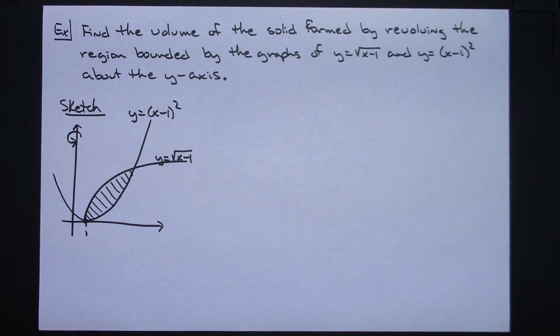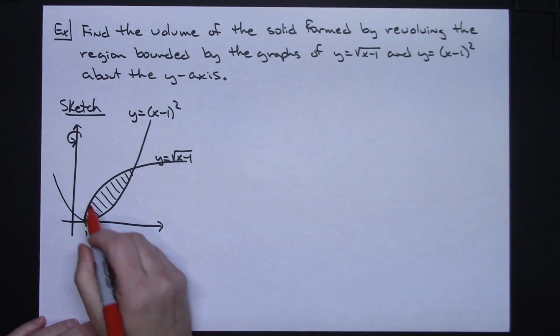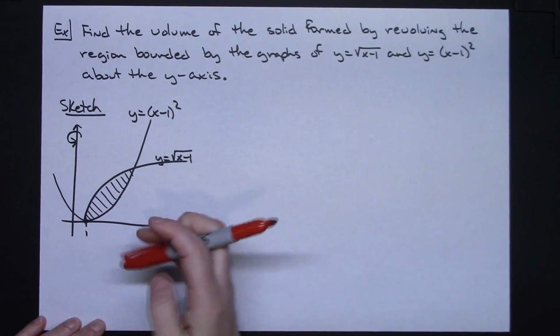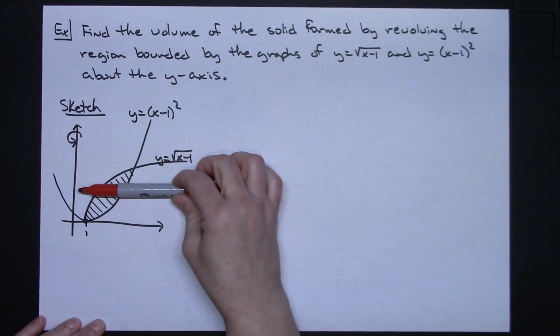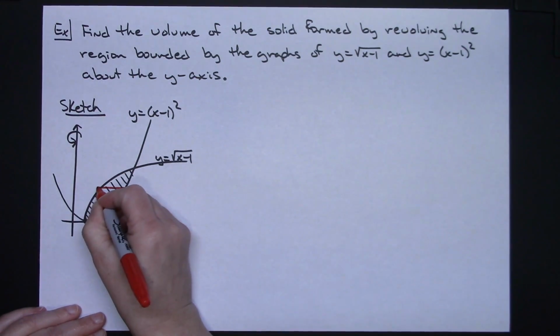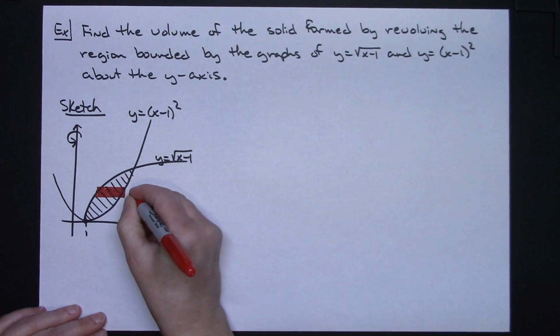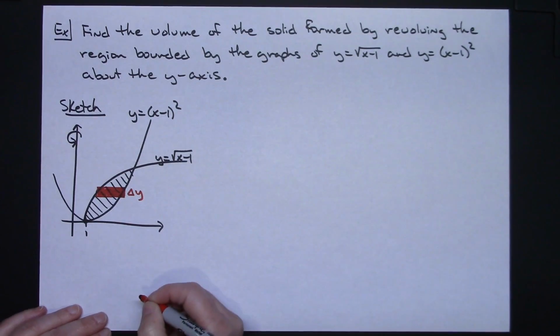y-axis. If I'm intending to use washer here, this is my axis of revolution. That means my representative rectangle would have to be perpendicular to that y-axis. So that representative rectangle would be right there, and it would be delta y.